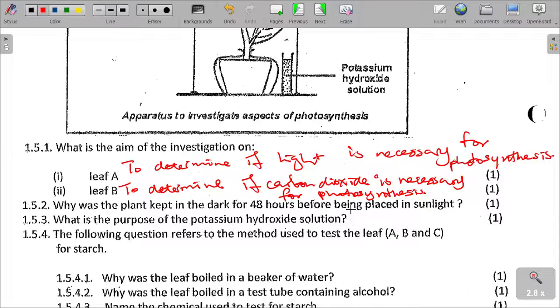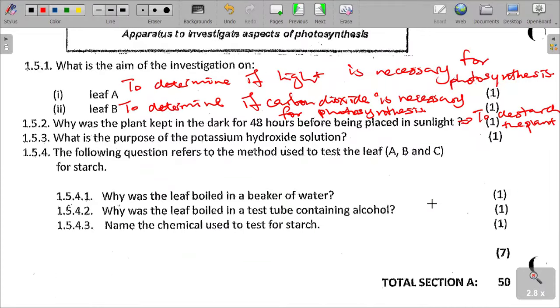Basically, darkness is done in order to destarch the plant, to remove starch from the plant. That is the reason it was put in the dark for 48 hours.